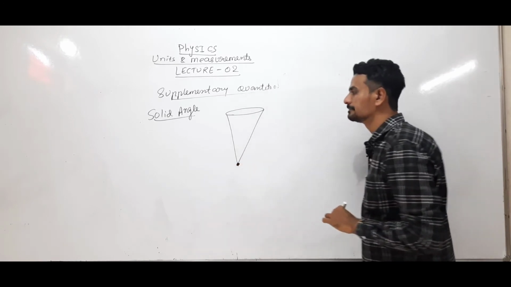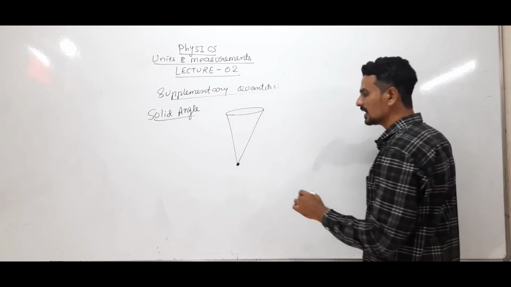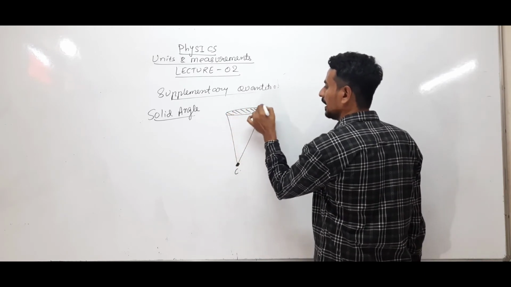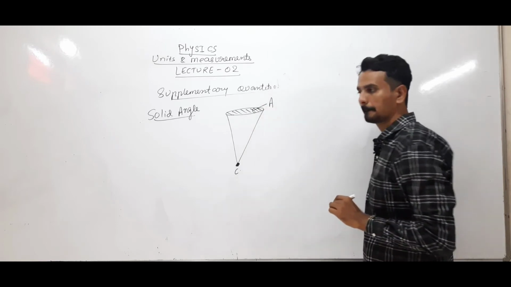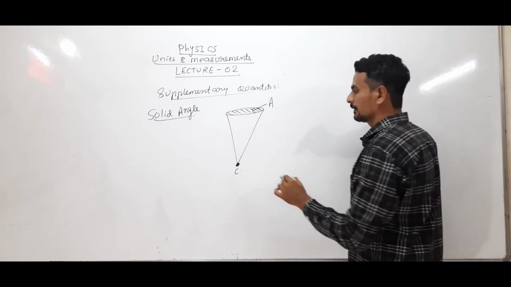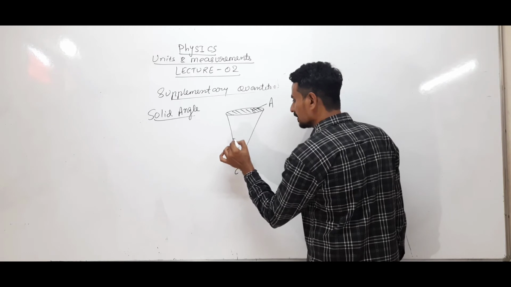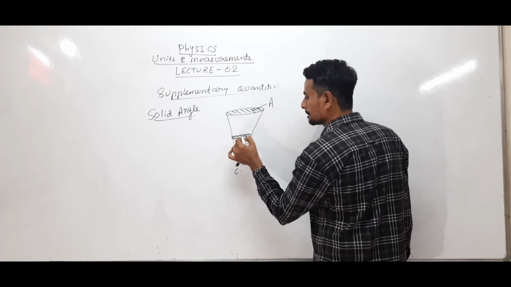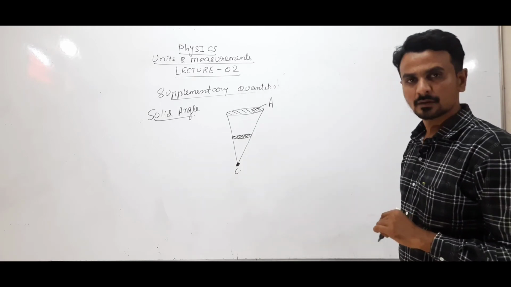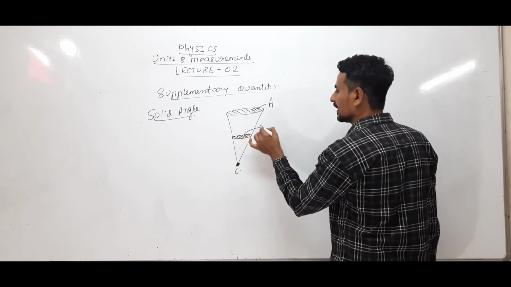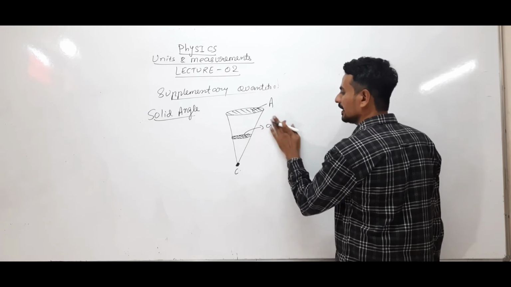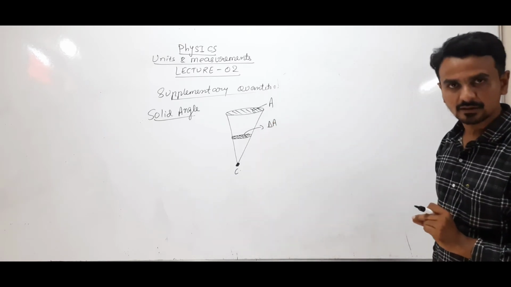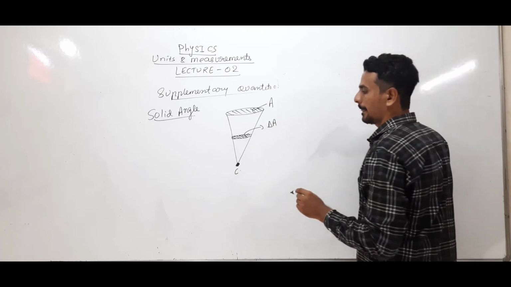Consider this as a cone. Let this area be A. If I am considering one area over here, this part, this area is known as dA, or you can say delta A. Delta A means small area.